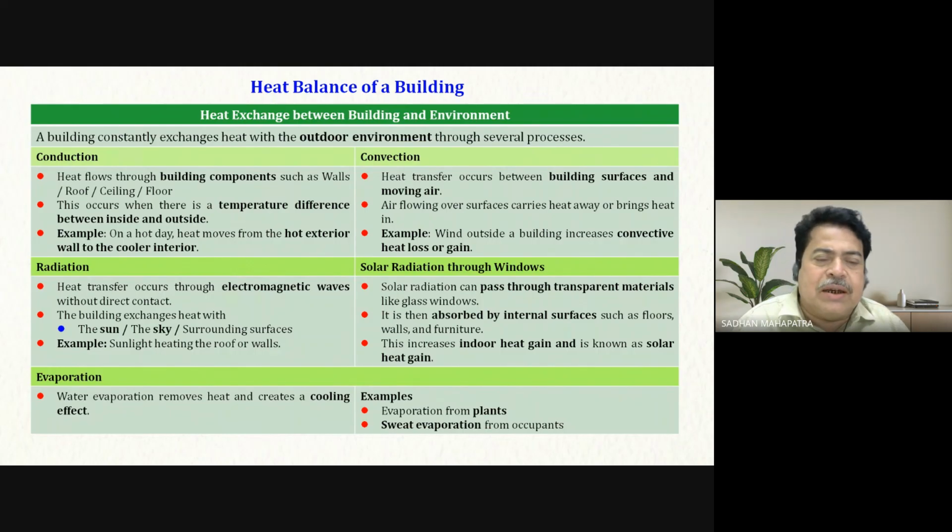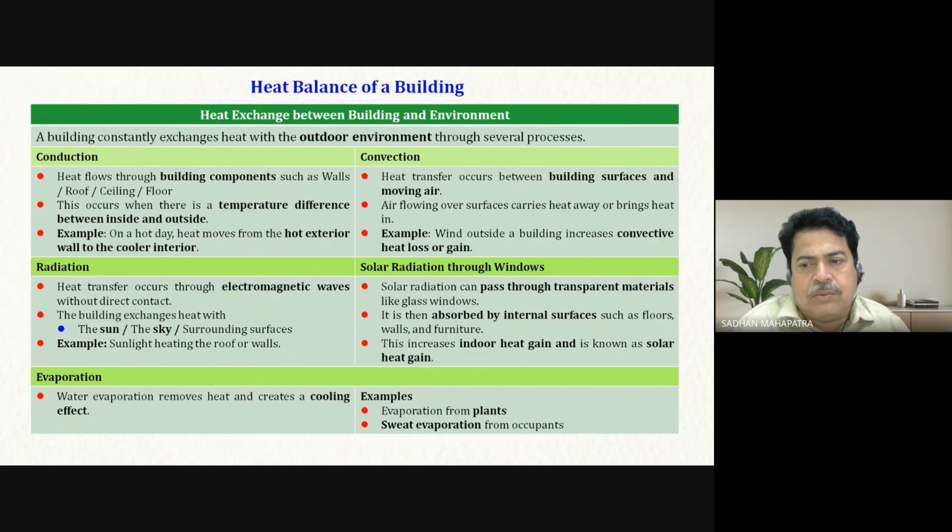If say outside temperature is 35 degrees centigrade and inside temperature is 25 degrees centigrade, obviously the heat will come from outside to the inside. Now if the outside temperature is 5 degrees centigrade, a very cold climate, and you are keeping the inside temperature at 25 degrees centigrade, in that case heat will go from inside to the outside. For example, on a hot day, heat moves from the hot exterior wall to the cooler interior.